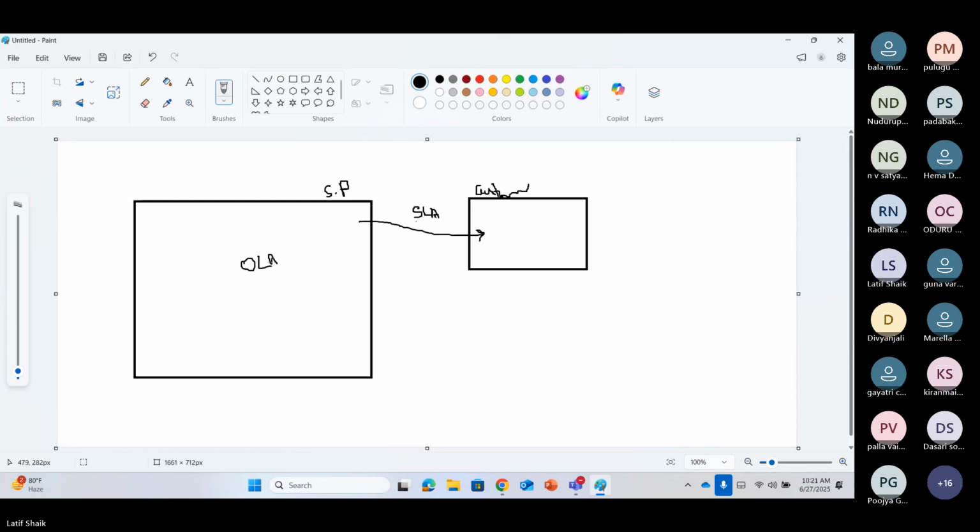OLA, Operational Level Agreement. What is an operational level agreement? Guys, in your organizations there are people like the BU team, business unit people, or management people, managers, vice presidents, sales divisions, marketing people.